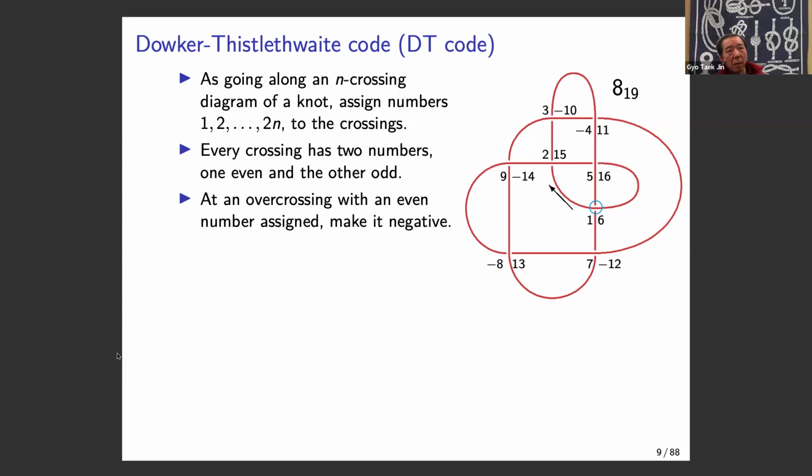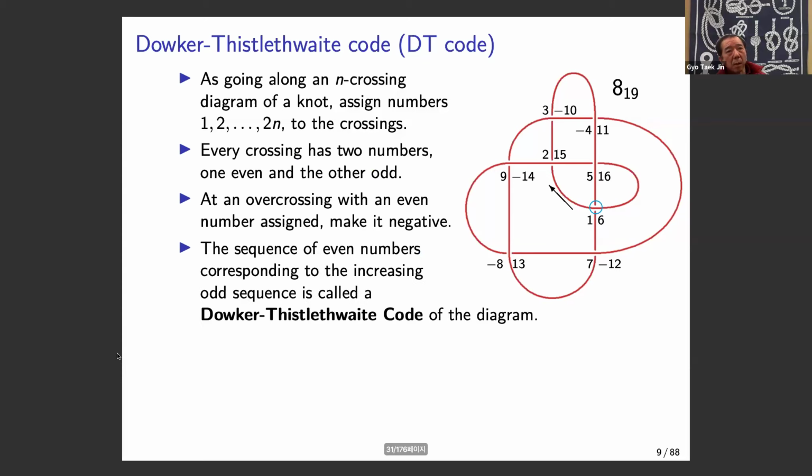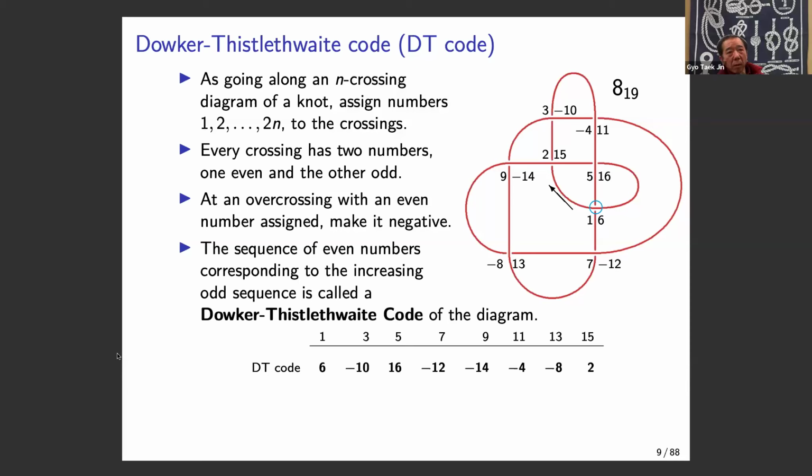And at an overcrossing with an even number assigned, we make the even number negative. And then the sequence of even numbers corresponding to the increasing odd sequence is called a Dowker-Thistlethwaite code of the diagram. So for this diagram, the DT code is 6, -10, 16, -12, -14, -4, -8, and 2.